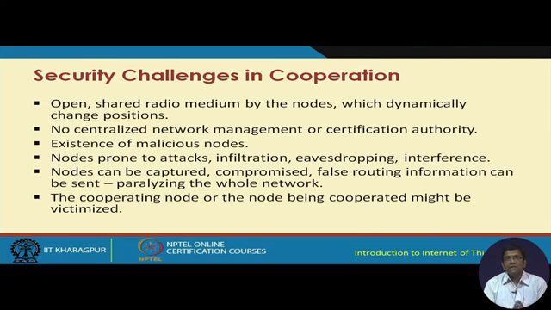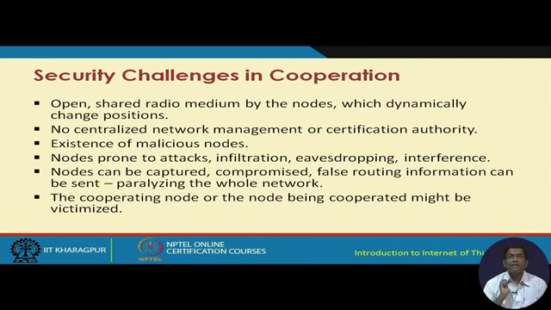There are security challenges in cooperation. So, first of all, we have to get back to our old concept, that means multi-hop network. In a multi-hop network, the intermediate node is cooperating with other nodes. Now, that cooperating node is a good guy. But there could be malicious nodes which might want to intentionally hurt the successful functioning of it and the other similar kinds of nodes.